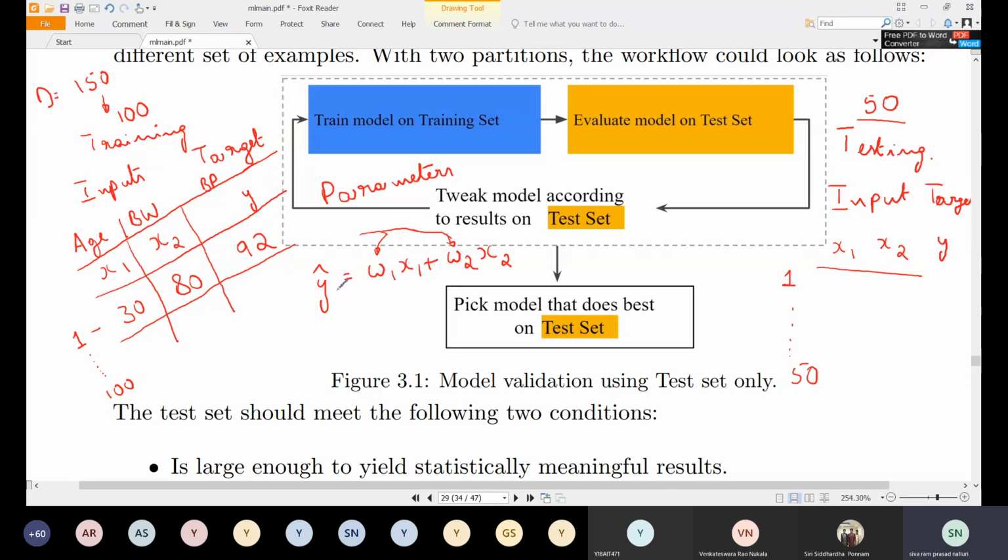For a given example, you know what the x1 value and the x2 value are. You also know what the actual value of the label is. Okay, so in the previous class we learned how we assume the parameters initially. You can start with any values of the parameters.